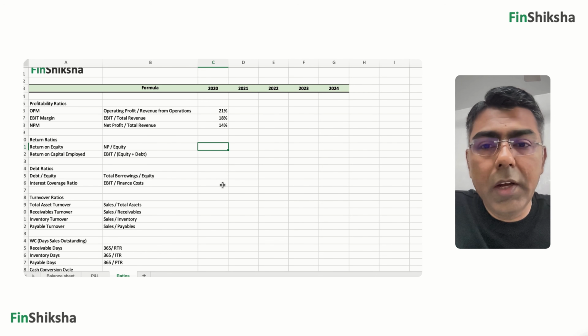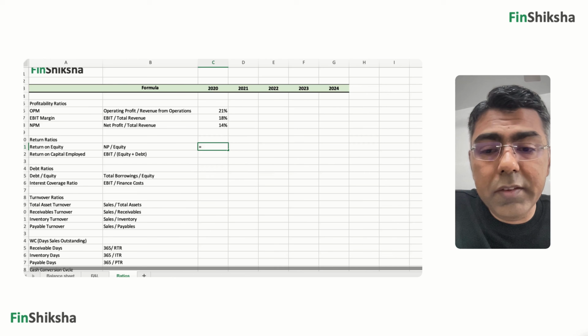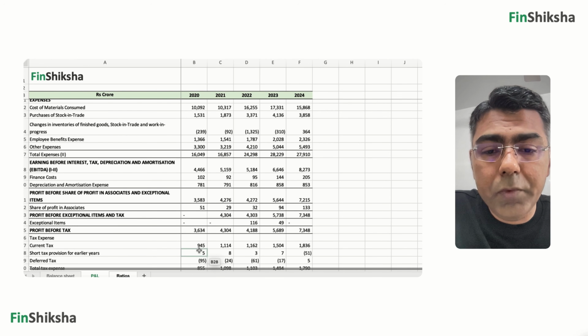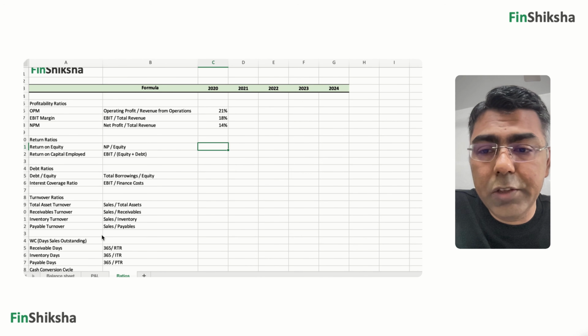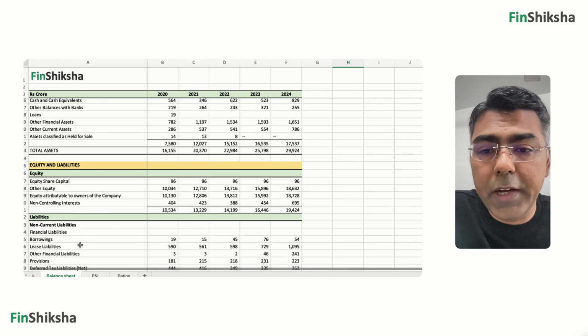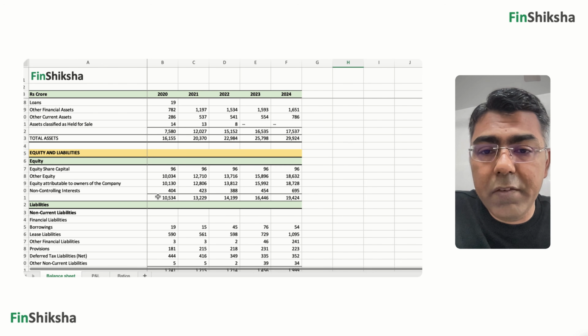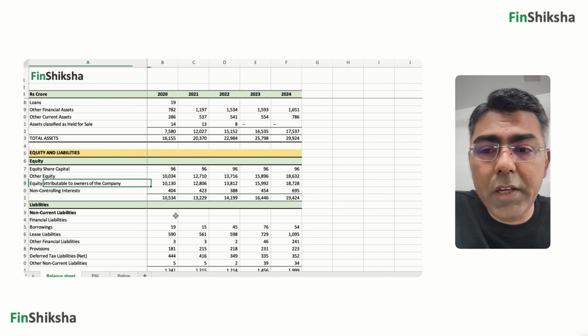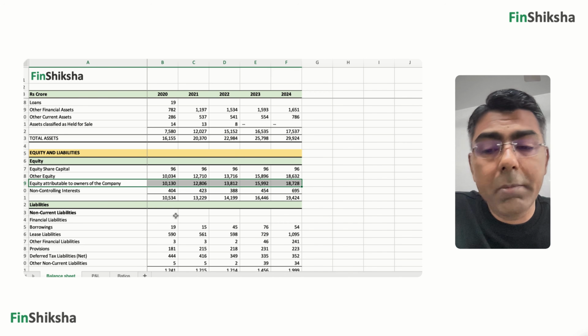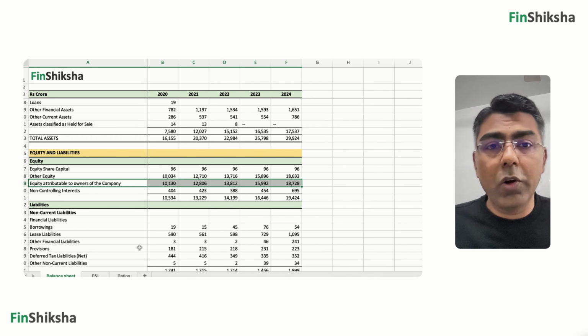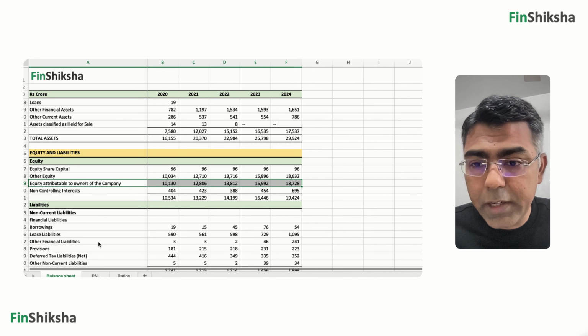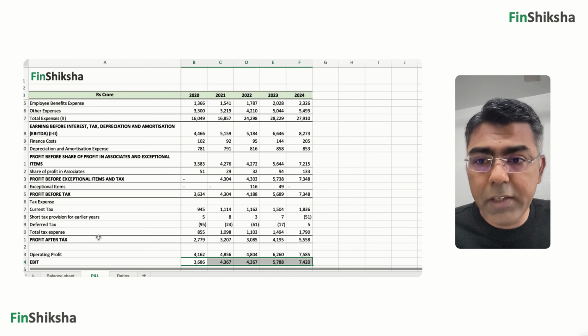We'll do that. Return on equity is net profit. Let's look at the equity on the balance sheet. So on the balance sheet, when I go and check, I have been given a total equity number, equity attributable to owners of the company. Remember, in the net profit, we have not removed minority interest as yet, right? Let's check if we have removed that. We haven't.